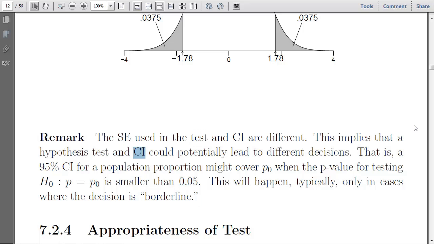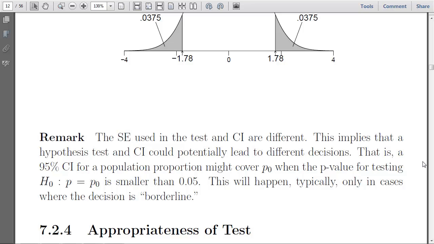If the hypothesized value is outside the interval, then it suggests that the data is inconsistent with the null hypothesis. But it's possible in this case, because we've got different values going into the calculation of standard error, that you get differences. That rarely happens, but don't be surprised.